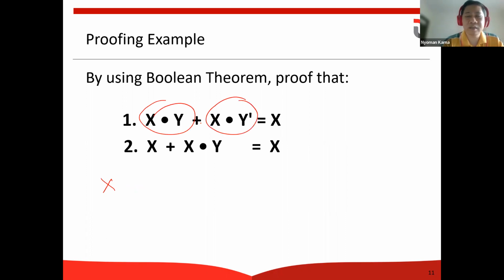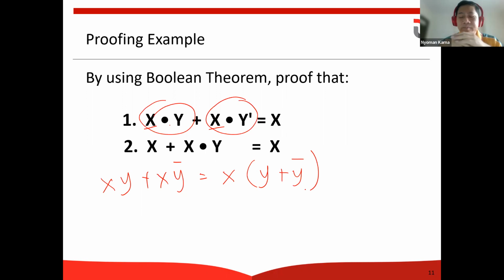Yes, there is. It is an x. So xy plus xy naught, because we have the same x in here, we can use the distributive law to become something like this: x times y plus y naught.